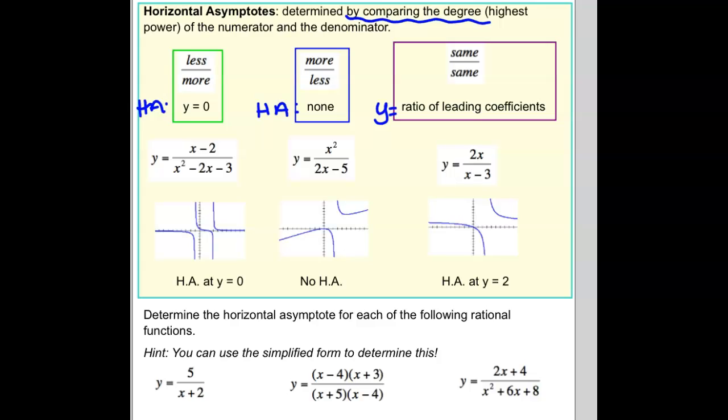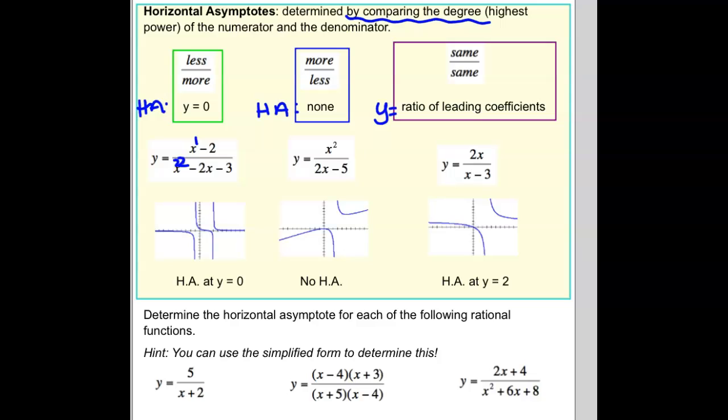For our first one, the degree on top is 1. We don't typically put that power in there. It has a power of 1. Again, we don't typically write it in, but it's there. So the top degree is 1 and the bottom degree is 2.